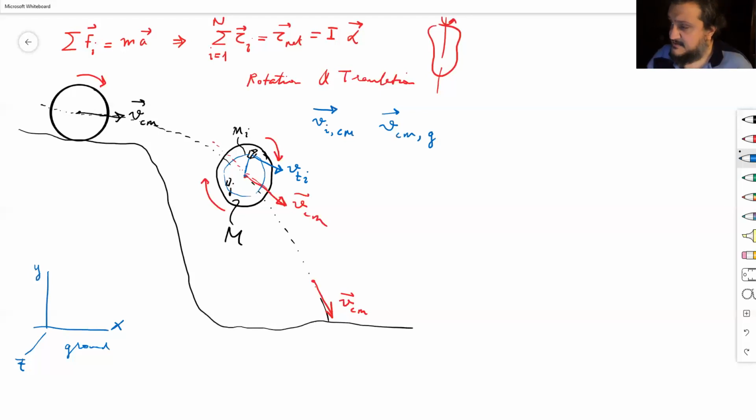So we have this ground reference frame. We also have the reference frame which actually moves along that parabolic path here. That is the center of mass frame.